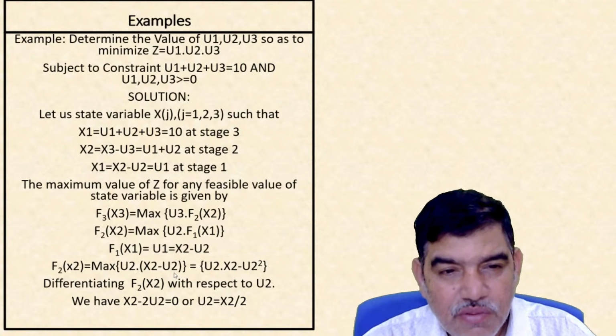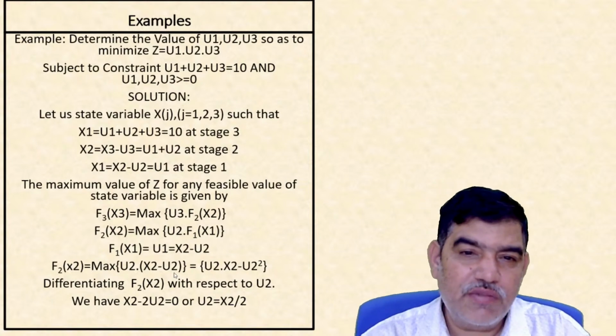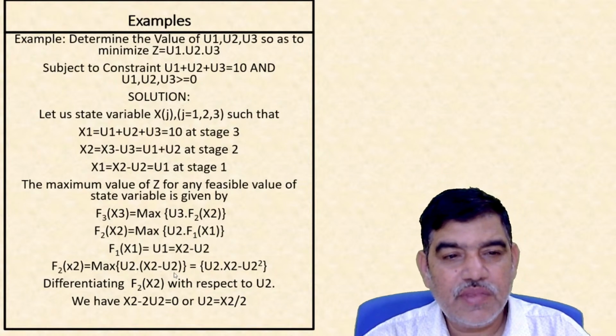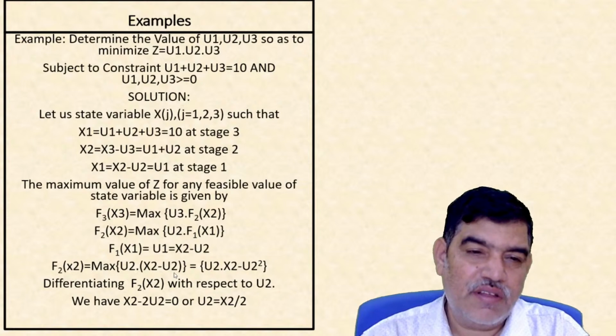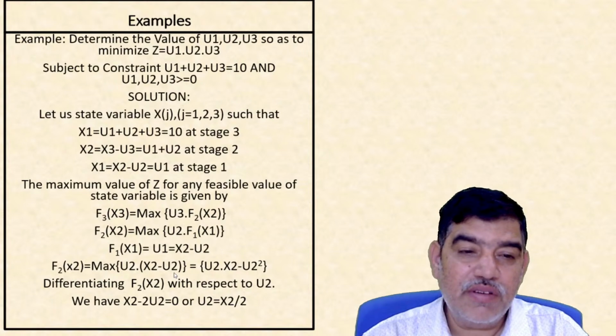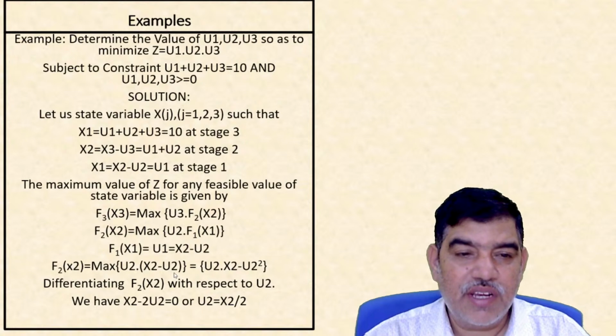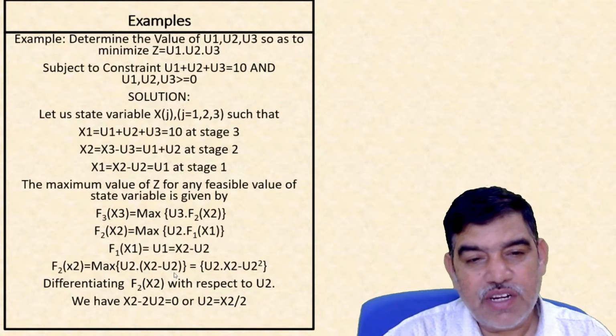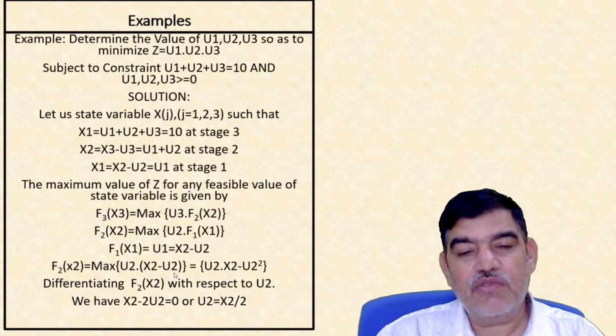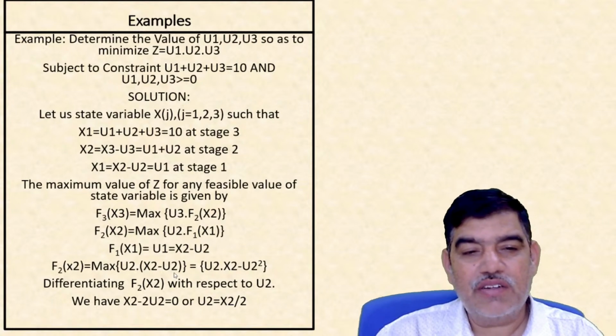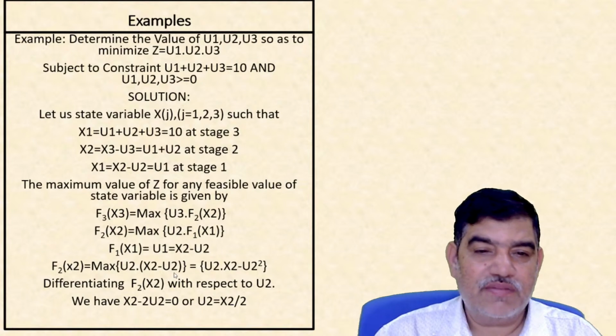The maximum value of z for any feasible value of the state variable is given by function of x3. x3 is the state variable. Function of x3 equal to max over u3 of f2 of x2. Function of x2. Then below you mention what is f of x2? F of x2 equal to max over u2 of f of x1.